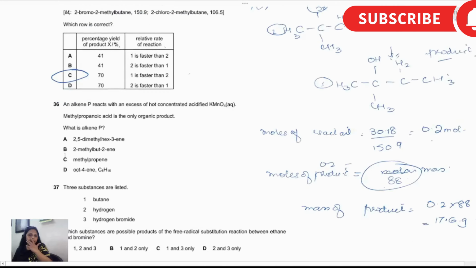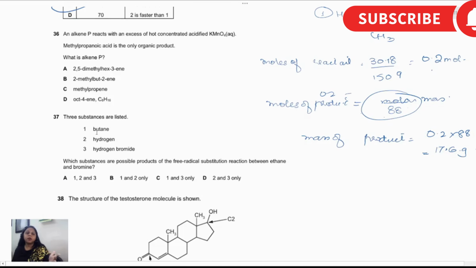Next, 36. An alkene P reacts with an excess of acidified potassium manganate. Methylpropanoic acid is the only product. So what is alkene P? As you can see, we have a propanoic acid with some methyl group, and this is the only product that we have.